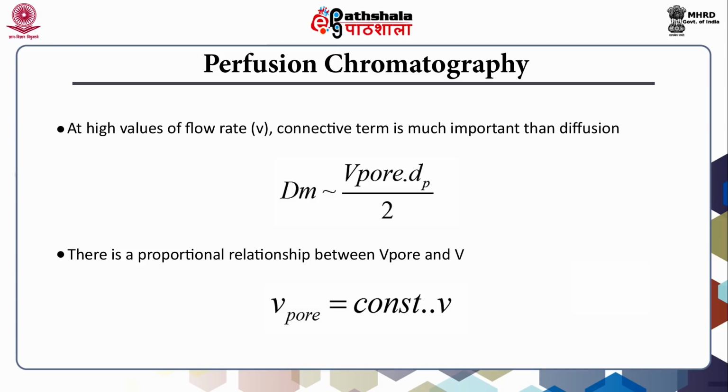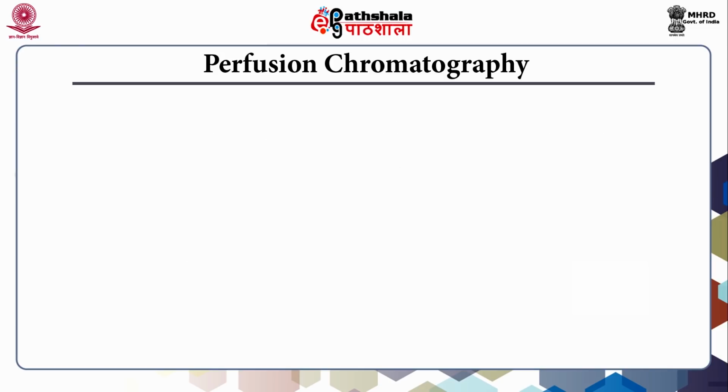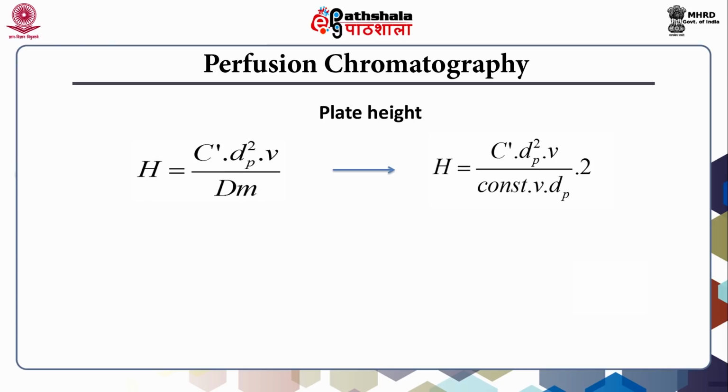In the next slide, we will see further mathematical expressions by substituting dm with the constant multiplied by flow rate multiplied by dP. If you see this particular value of dm in the theoretical plate height expression, the V and V are cancelled.